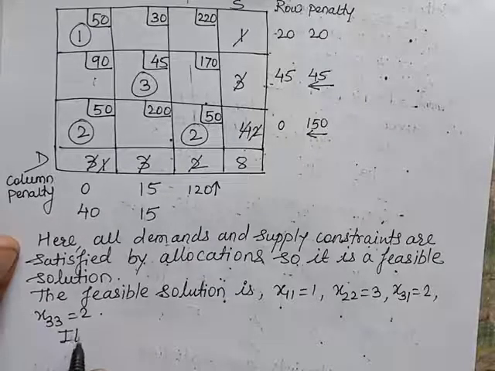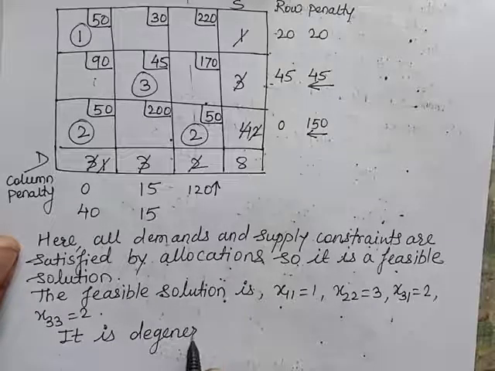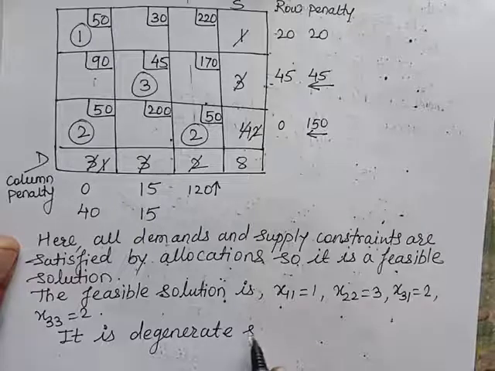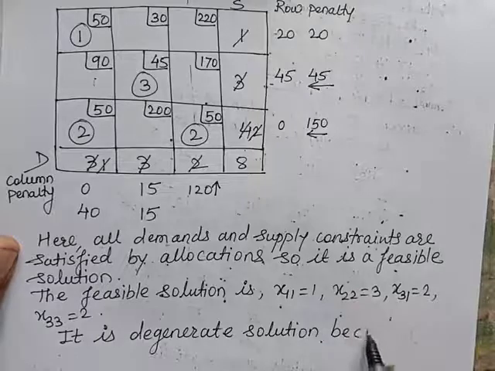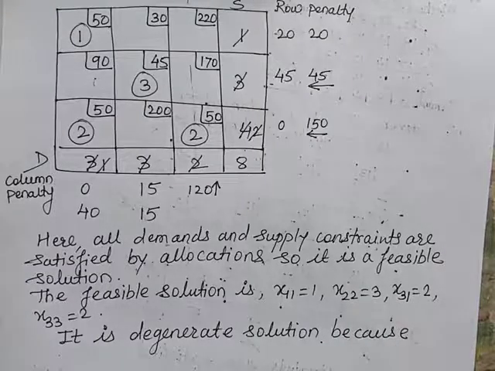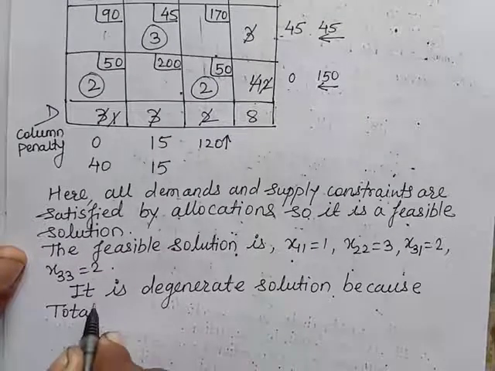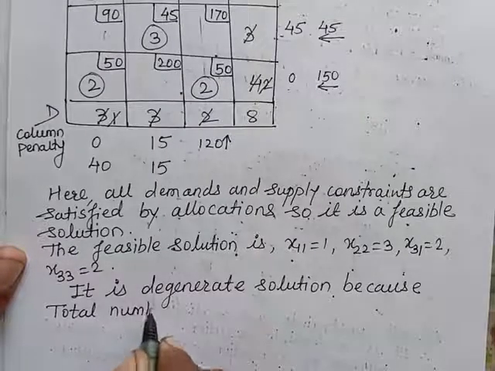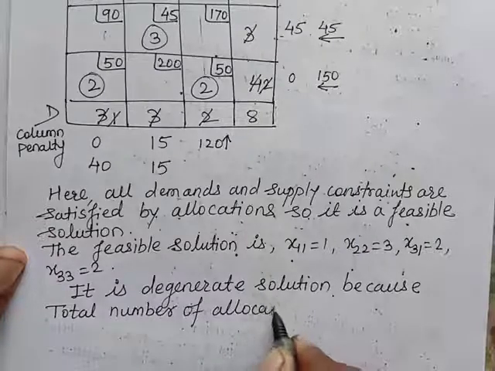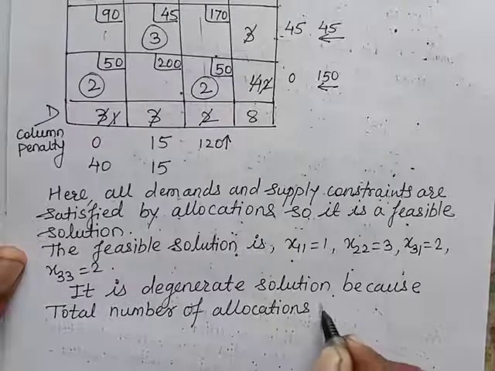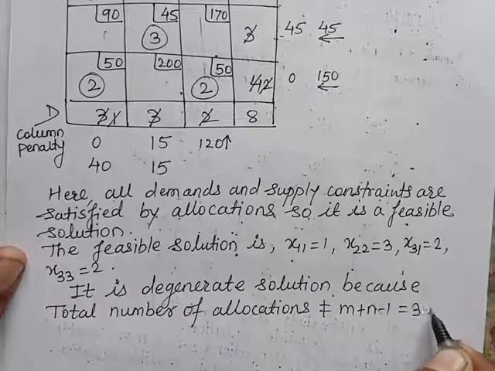It is a degenerate solution. Why? Because the total number of allocations is not equal to m plus n minus 1, that is 3 plus 3 minus 1.